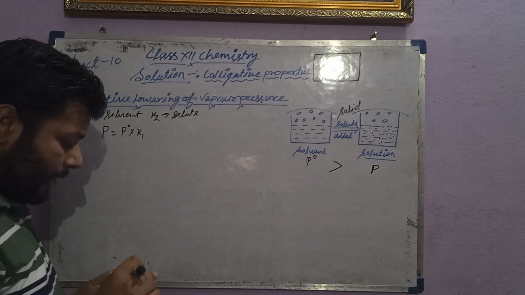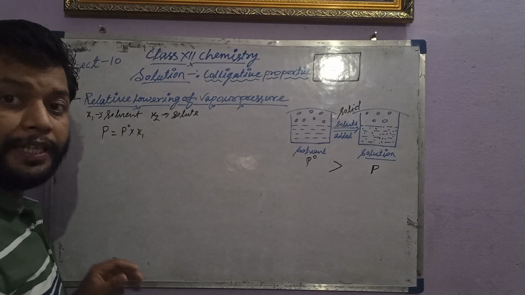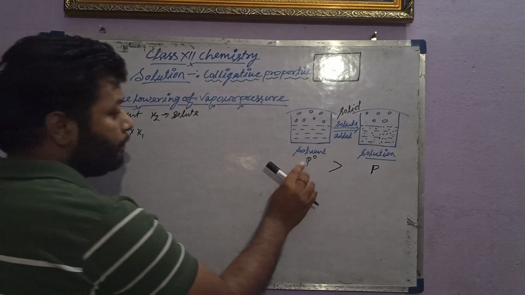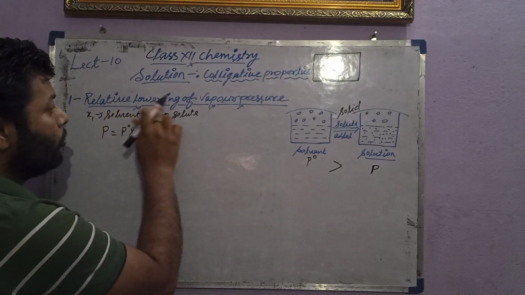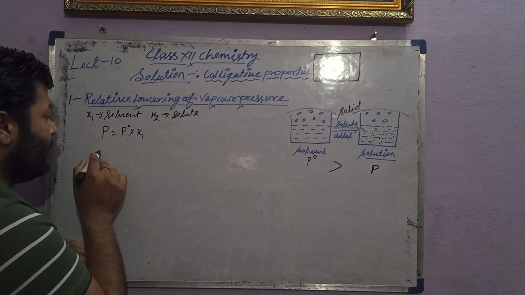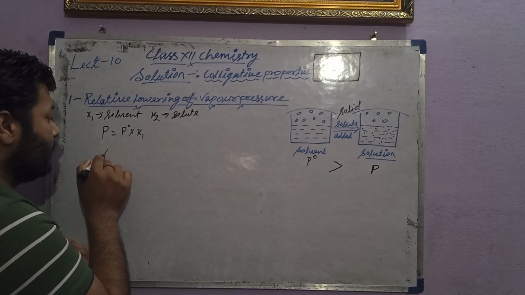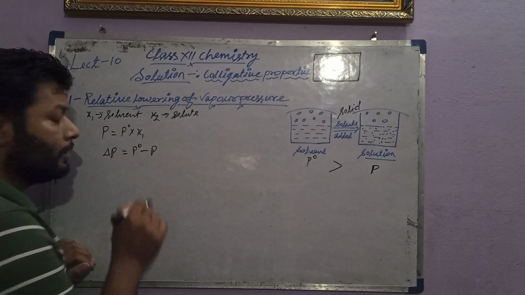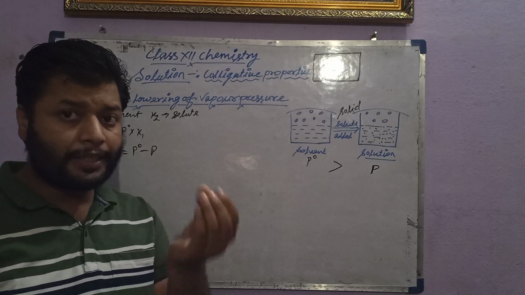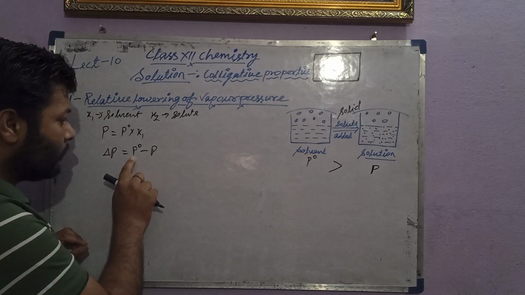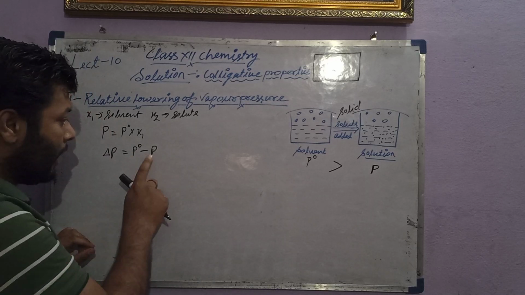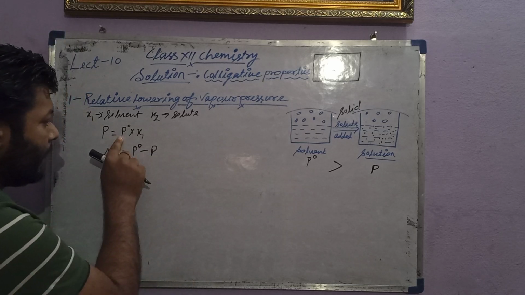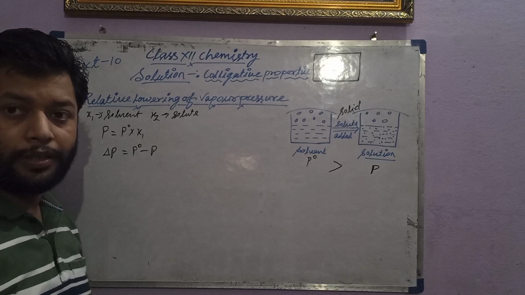And you know that the lowering of vapor pressure, that is called delta P, is actually P naught minus P. What amount of vapor pressure decreased is the difference of P naught minus P, and in the place of P, you can write P naught into x1.